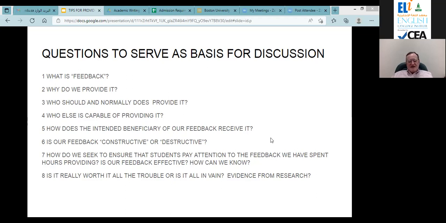It raised the affective filter, and it caused us to be discouraged and decreased our motivation. So we have to be mindful that our feedback can be unintentionally destructive.